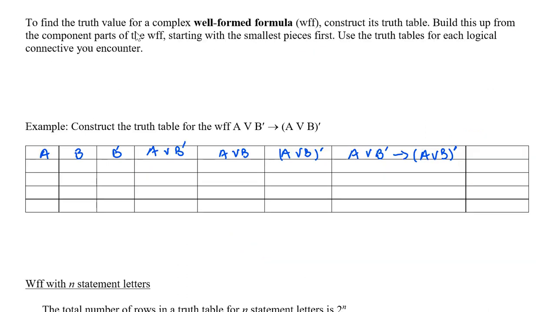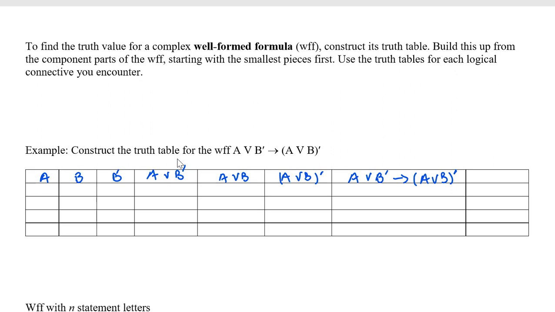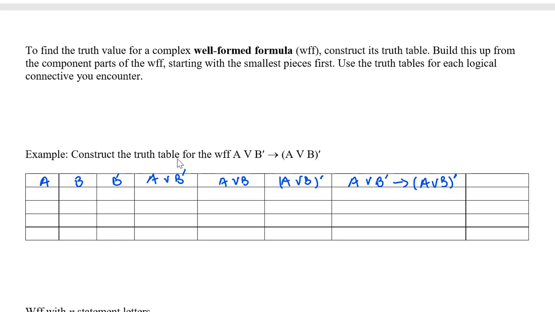So to find the truth value for a complex well-formed formula, that means many sentences together, construct its truth table. Build this up from the component parts of the well-formed formula, starting with the smallest piece first. For example, if I have this statement, A or not B implies A or B not.